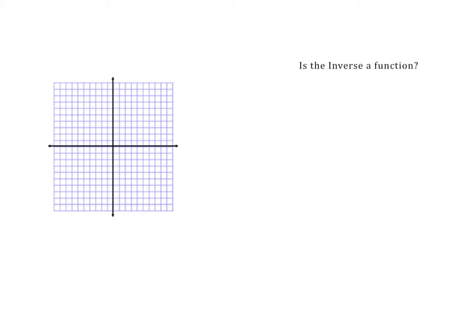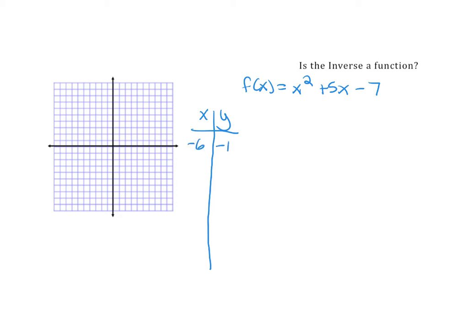Okay, starting out, I'm going to look at f of x equals x squared plus 5x minus 7. So that's a quadratic. It's going to graph a parabola. And I'm going to give you some exact points to graph it. So it is -6, -1; -5, -7; -4, -11.